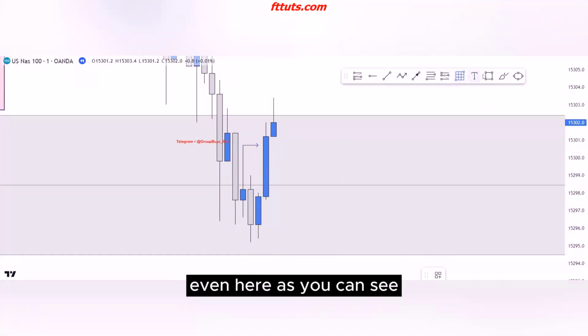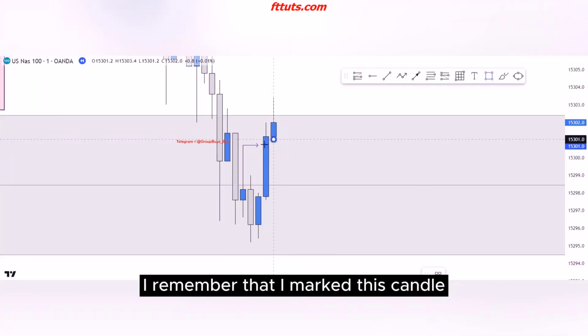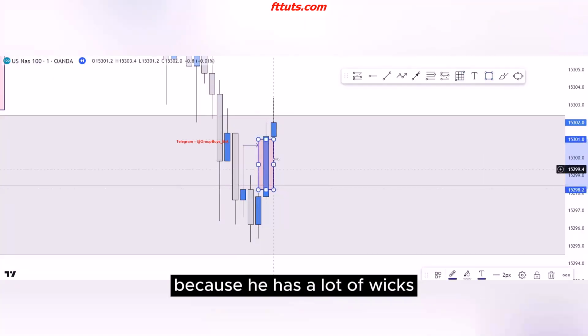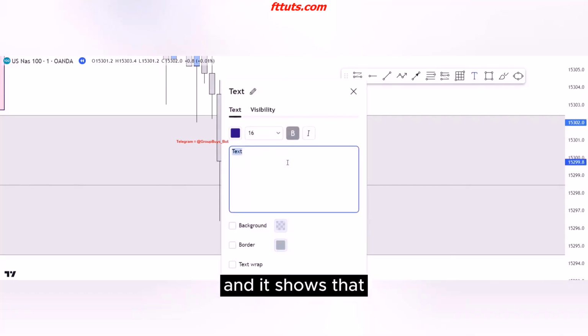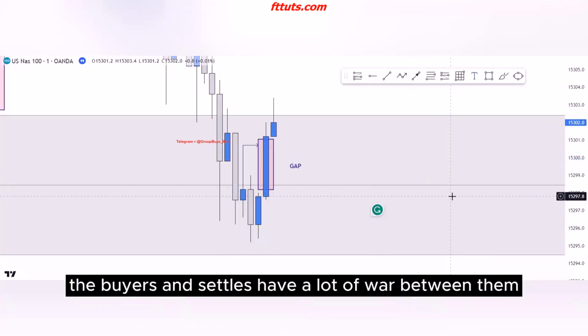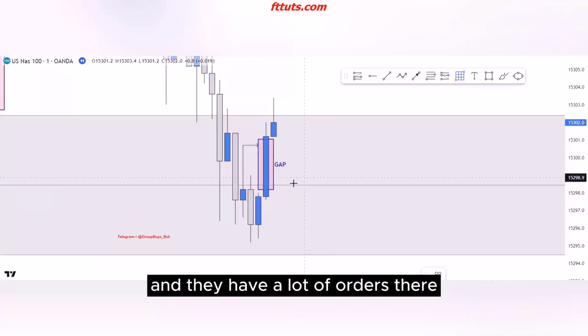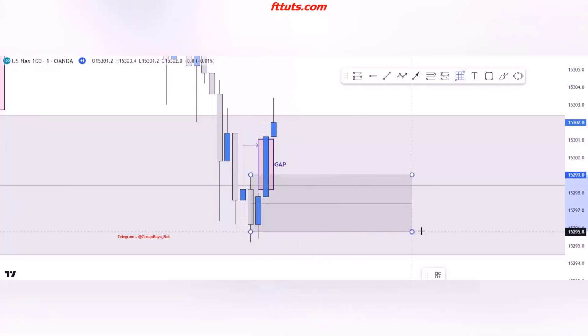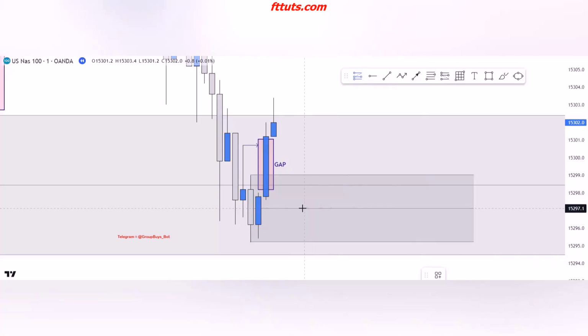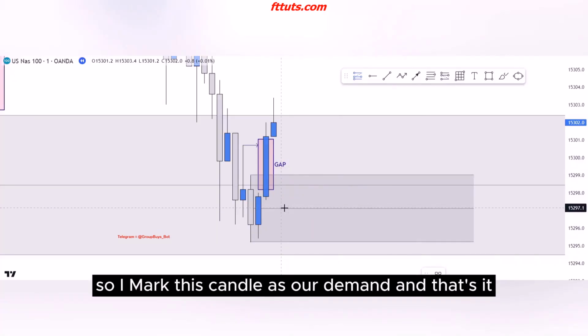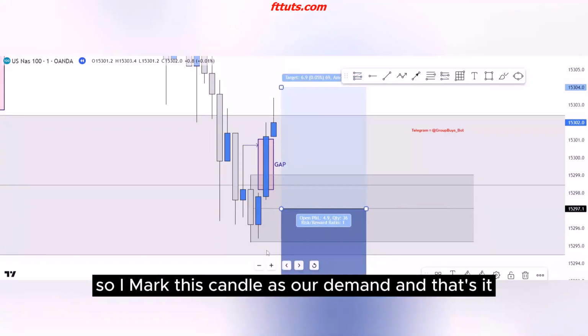Even here, as you can see, there is a gap. I remember that I marked this candle because it has a lot of wicks, and it shows that the buyers and sellers have a lot of war between them, and they have a lot of orders there. So I mark this candle as our demand, and that's it.